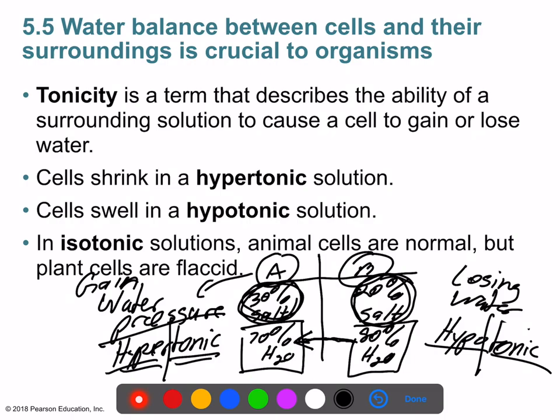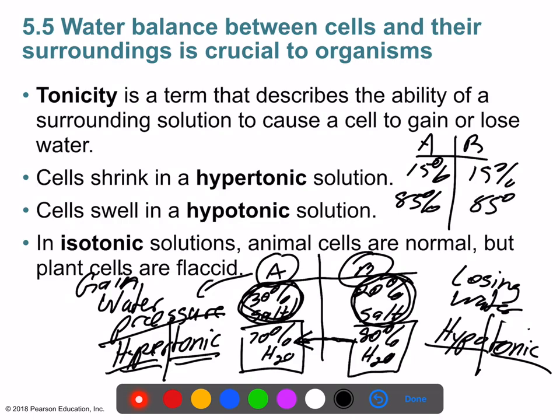Okay, what if you have solutions, let's say side A, side B, and let's say that both solutions have something like 15% dissolved substances, glucose, sucrose, salts, anything you would like to dissolve. Well, then that means that they both have 85% water in this particular case. So water goes to one side and water goes to the other side at equal rates, and so you're already at equilibrium. So these two solutions would be described as being isotonic.